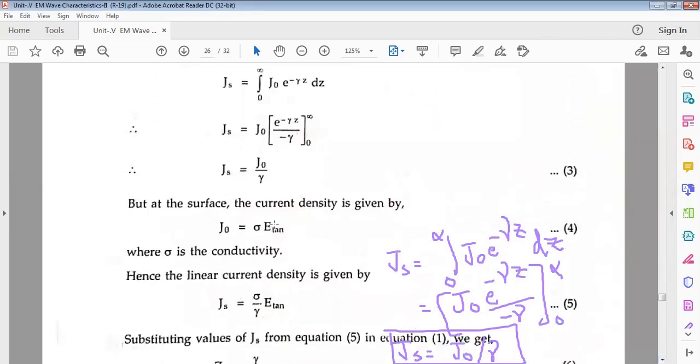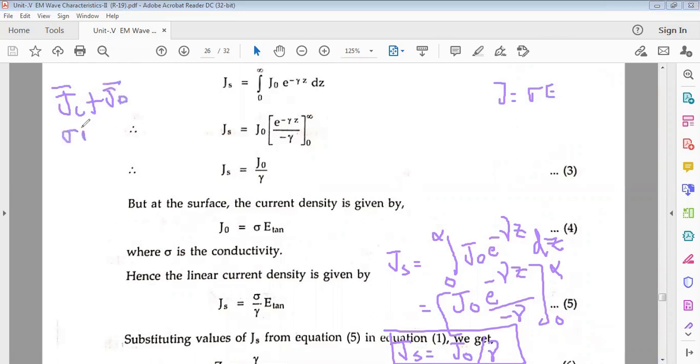But at the surface, the current density is given by, we know J is equal to, the formula we have, sigma into E. That will be JC bar plus JD bar, one of Maxwell's equations, my dear students.